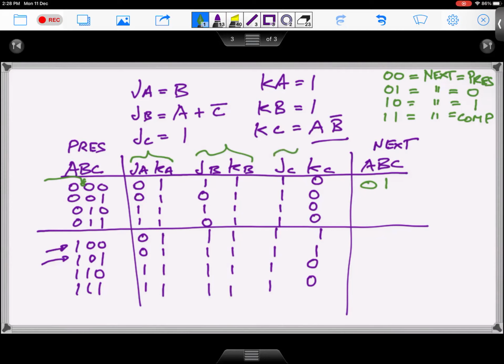And we look here and we see 1, 0, so we immediately write a 1. So now you understand what we're doing, so we do it quickly. The next one is going to be 0, 0, 1 because that is what we see. The next one we have to look over here. Change that 0 into a 1. Change this 1 into a 0. And the last one is a 1.